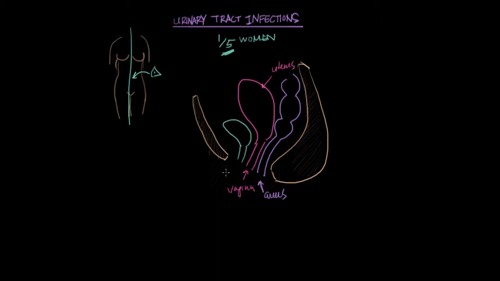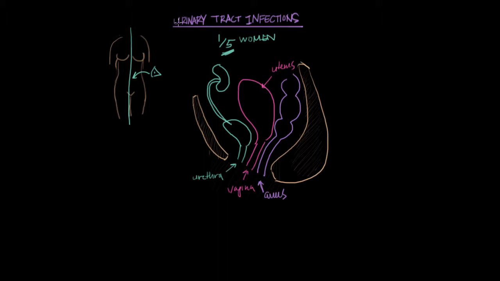So this is the bladder, and this is the urethra. And the bladder stores urine, right? We know that. And that urine is made in the kidney, which is then carried through the ureters and into the bladder. So this is the kidney, and these are the ureters leading up to the bladder. So it's really apparent from this diagram that there's a lot cramped into a pretty small space.